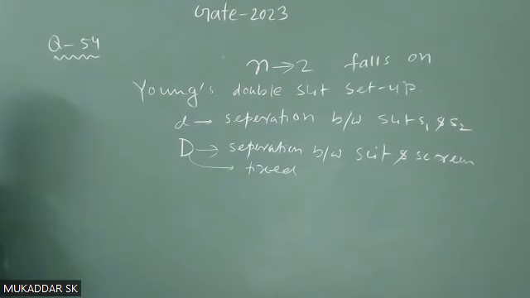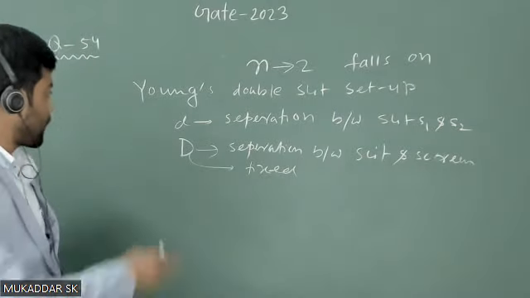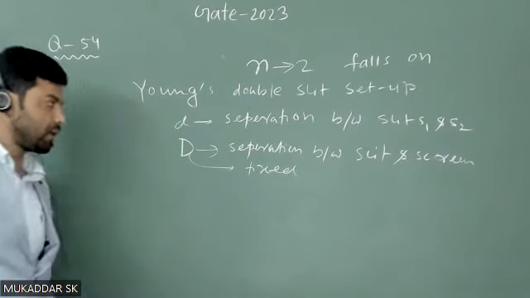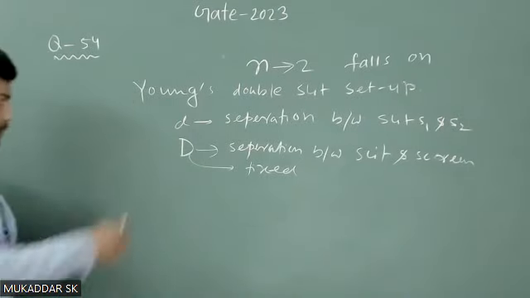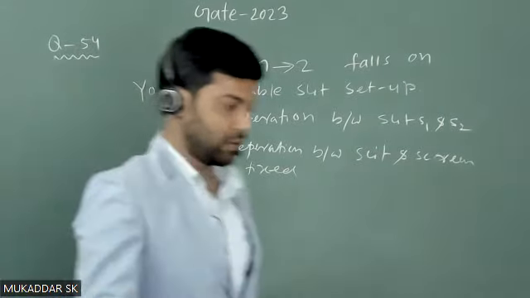Now the question is, what should be the multiplying factor of small d to maintain constant fringe width?